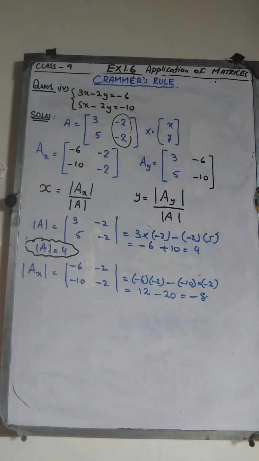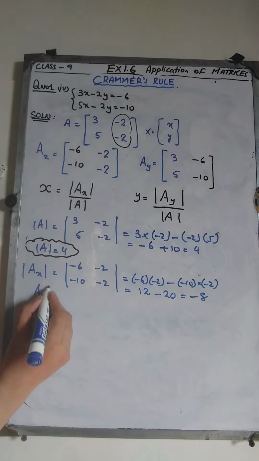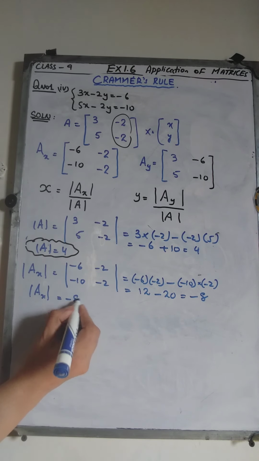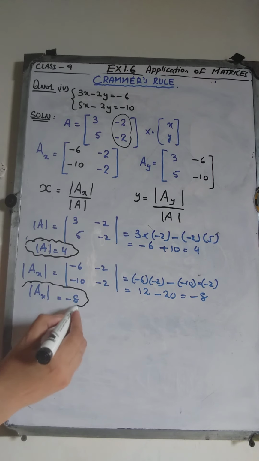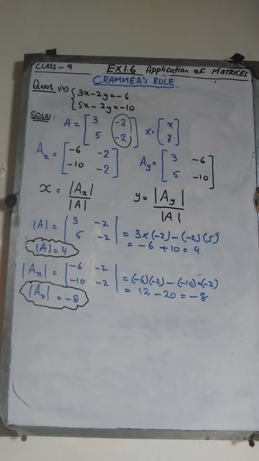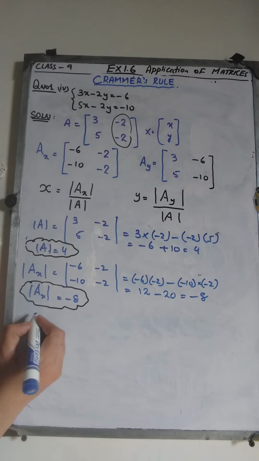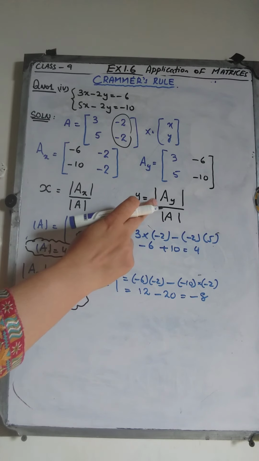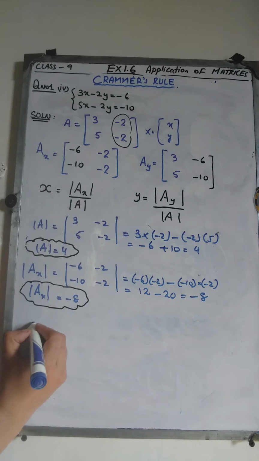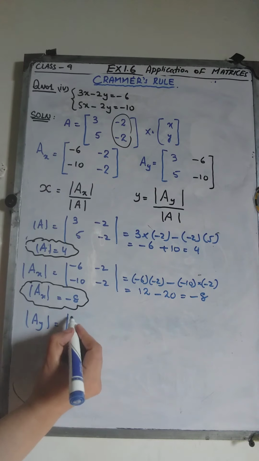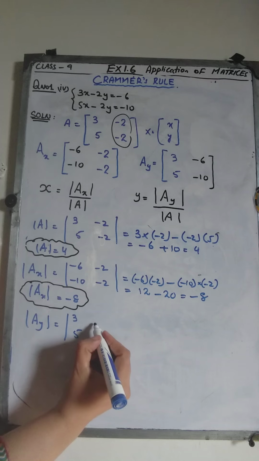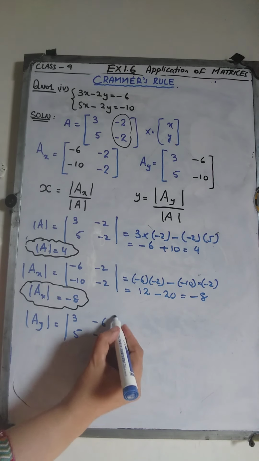So the determinant of AX has come out to be -8. This is the second determinant that we are going to use. And now the third determinant will be AY, the determinant of this matrix: 3, 5, -6 and -10.